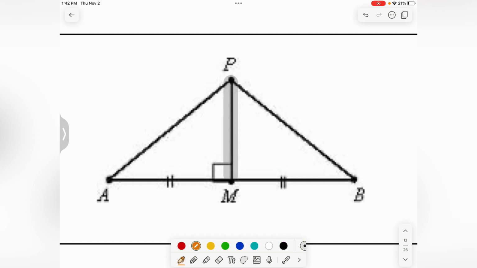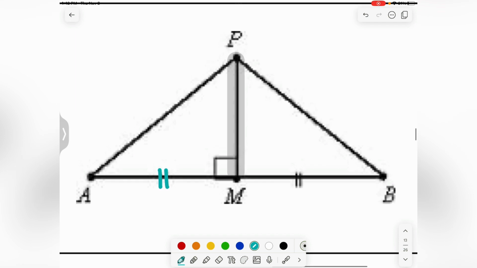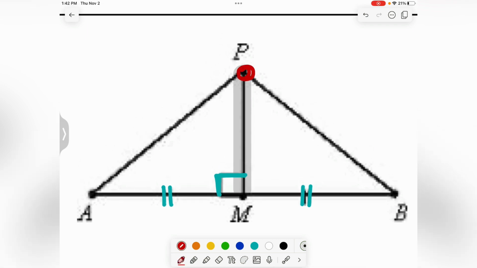Once I know it's a perpendicular bisector, I should be marking that it's at the midpoint. So the 2 segments are congruent, and then also that it's a right angle, perpendicular bisector. And what this tells me is since point P is on the perpendicular bisector, it means that point P is equal distance away from the endpoints of the segment, A and B.